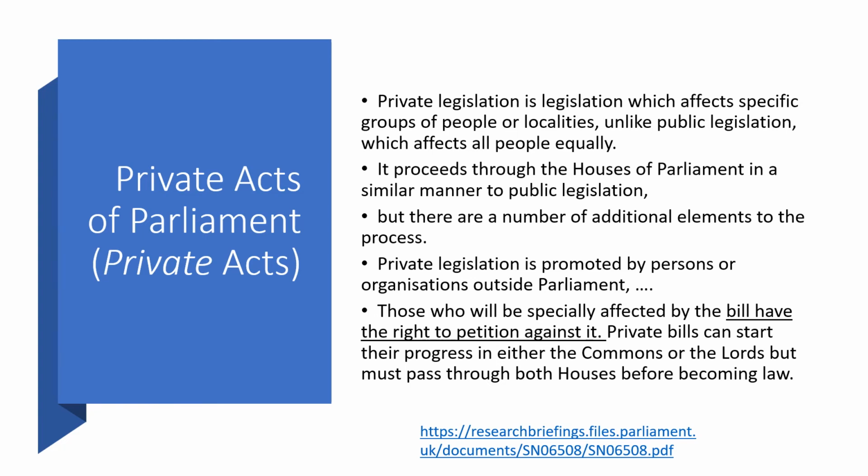The persons affected by a bill that is likely to become a private act of Parliament do have the right to petition against it and attempt to stop its progress through the Commons or the Lords, so that it has to pass through the Commons and the Lords to become law.